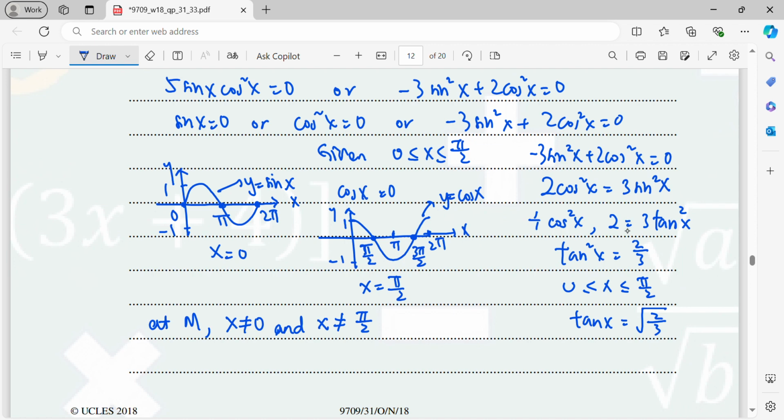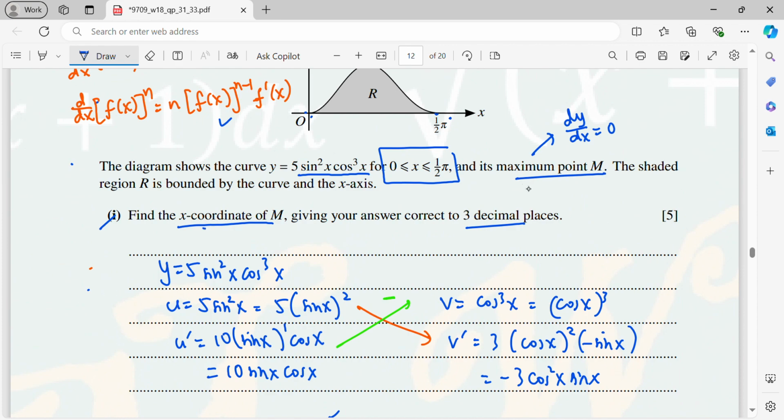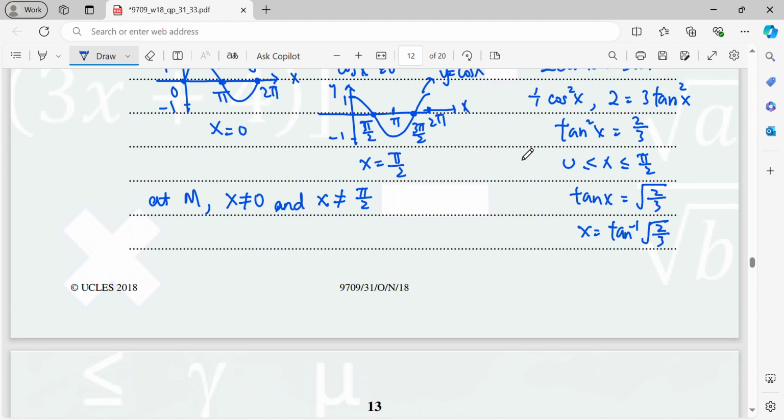Okay, so now here, I will say my x will be inverse tangent of square root 2 over 3. Because the question asks for the x coordinate of M correct to 3 decimal places, and by looking at the interval here, it must be in radians. So change the mode of the calculator to radians. This is 0.6847, so you round up to 0.685.